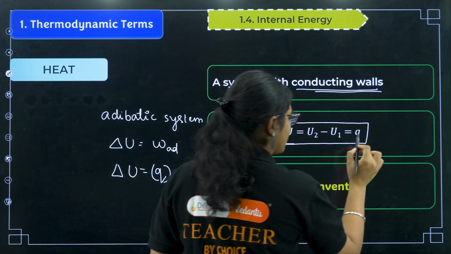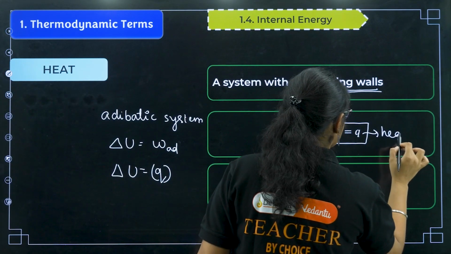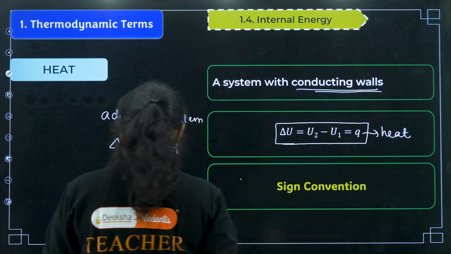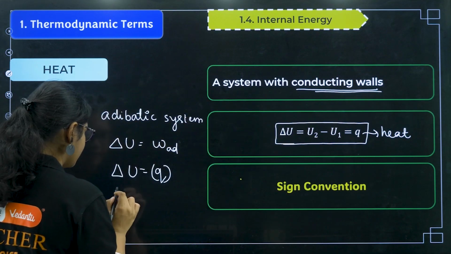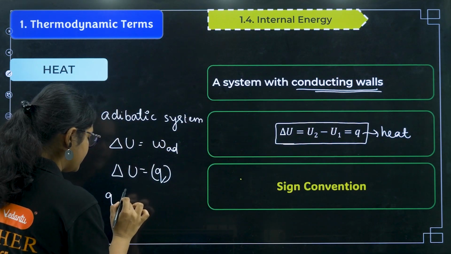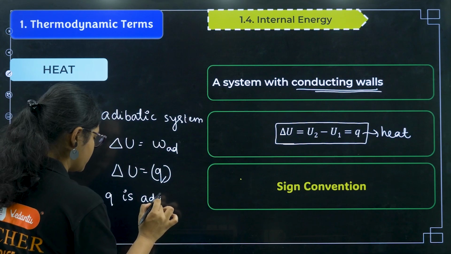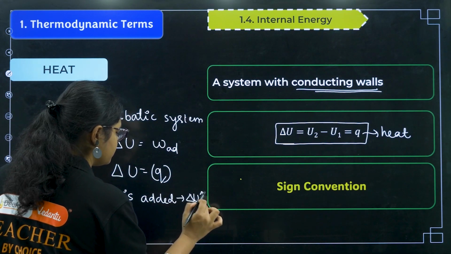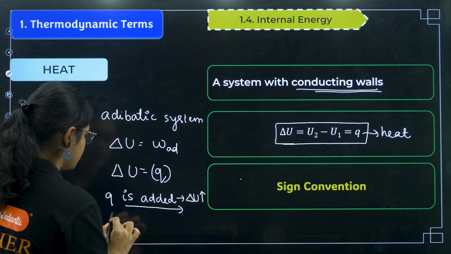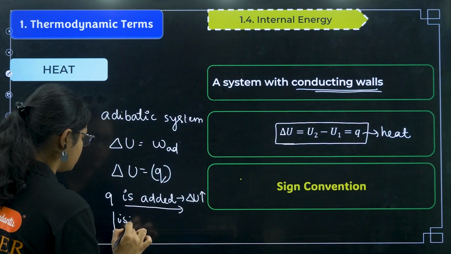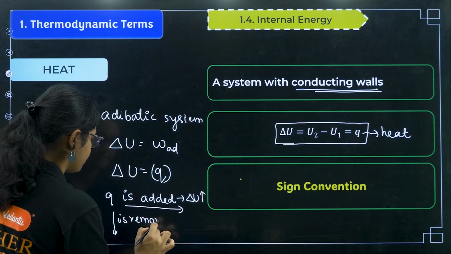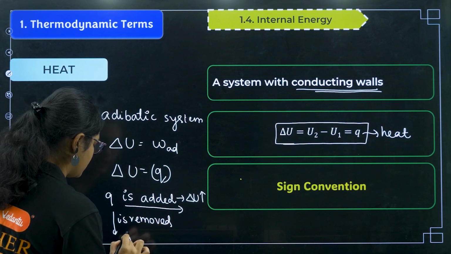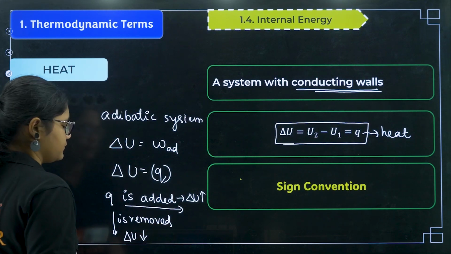If Q or heat is added, you are giving more heat, then definitely delta U will increase. If Q is removed or heat is removed, then delta U will decrease.